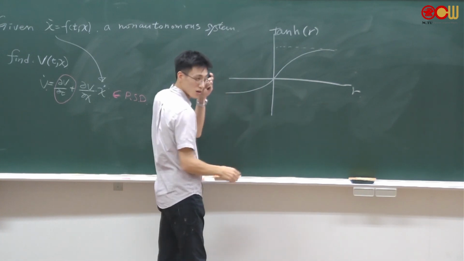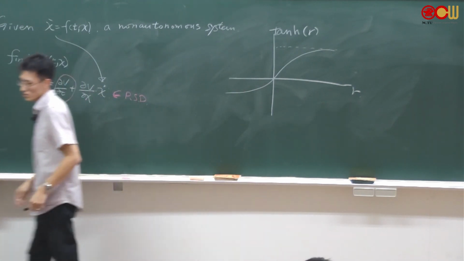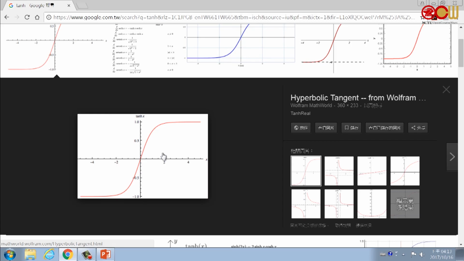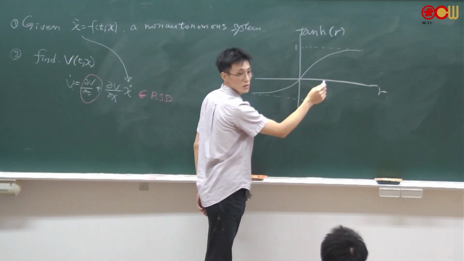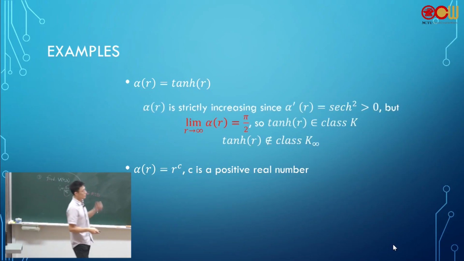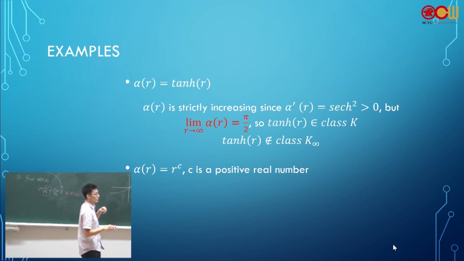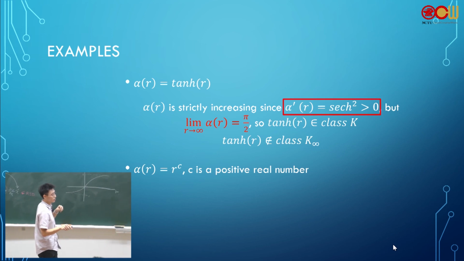It's upper and lower bounded by 1, so it's between -1 and 1. Is it strictly increasing? The way to check is you take the partial of this function with respect to its argument r, and you obtain sech squared, which is always positive. Then it must be strictly increasing.